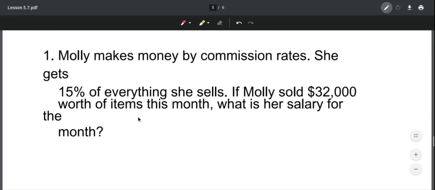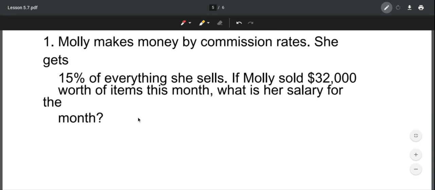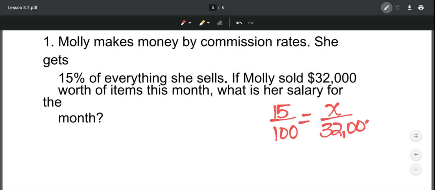In our next example, Molly makes money by commission rates. She gets 15% of everything she sells. If Molly sold $32,000 worth of items this month, what is her salary for the month? So again, 15 over 100 is equal to x over 32,000.